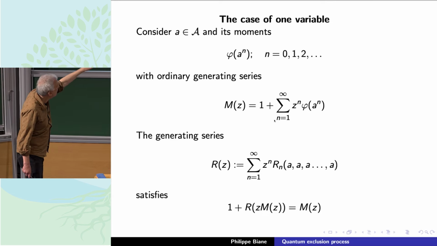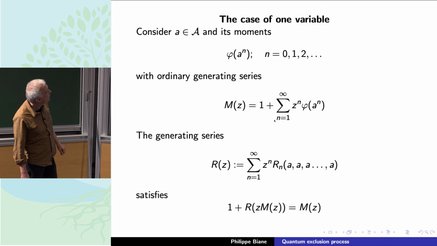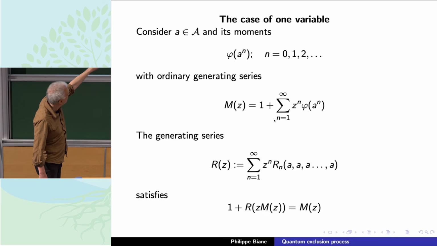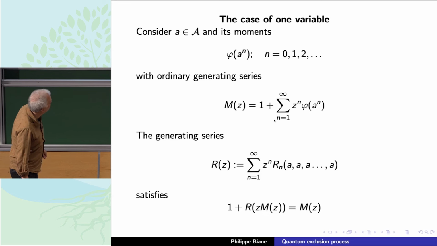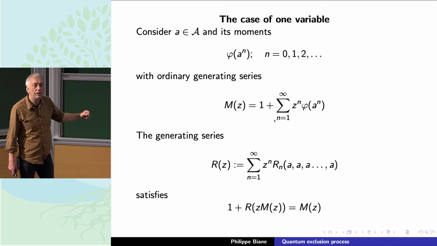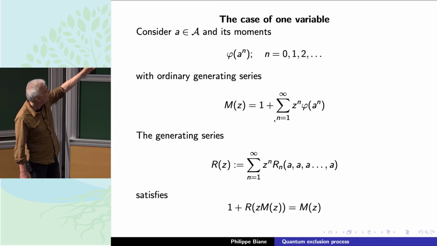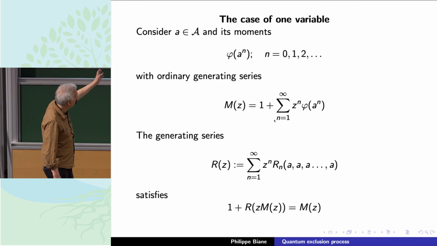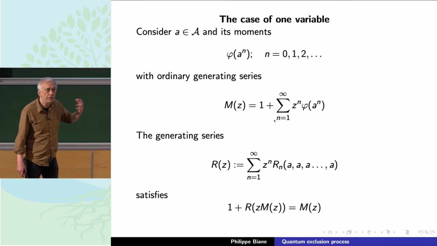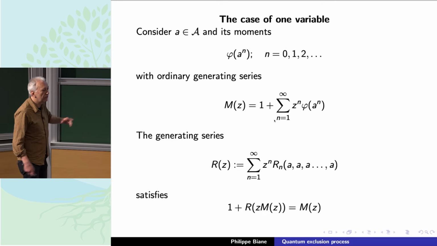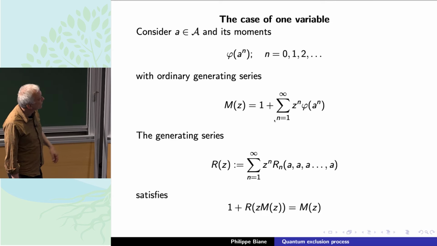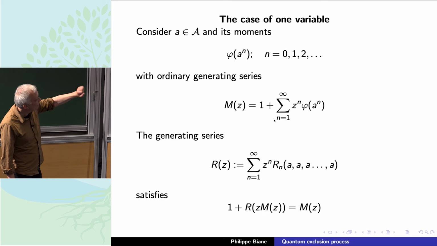Now, if you form the generating series obtained from the numbers Rn evaluated at A, n times, these two series, M and R, are related by this equation. Essentially, R is obtained by inverting M, up to some twists.